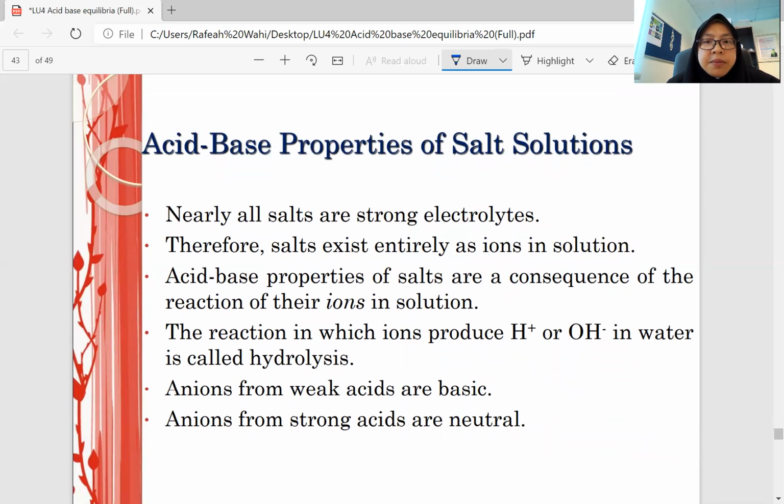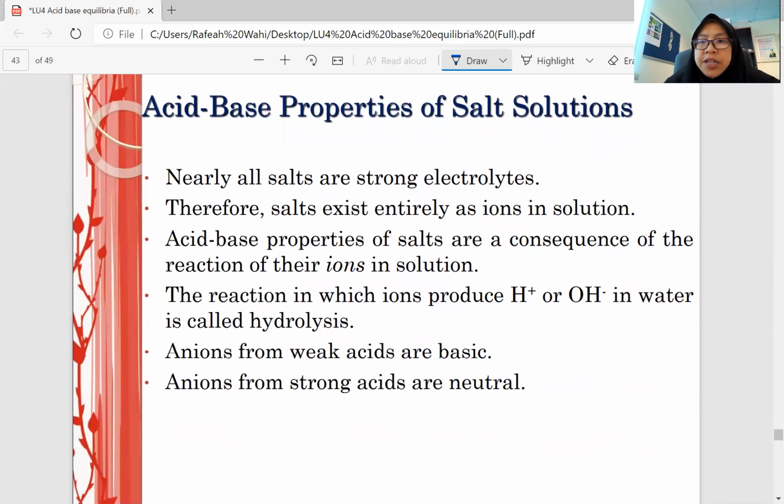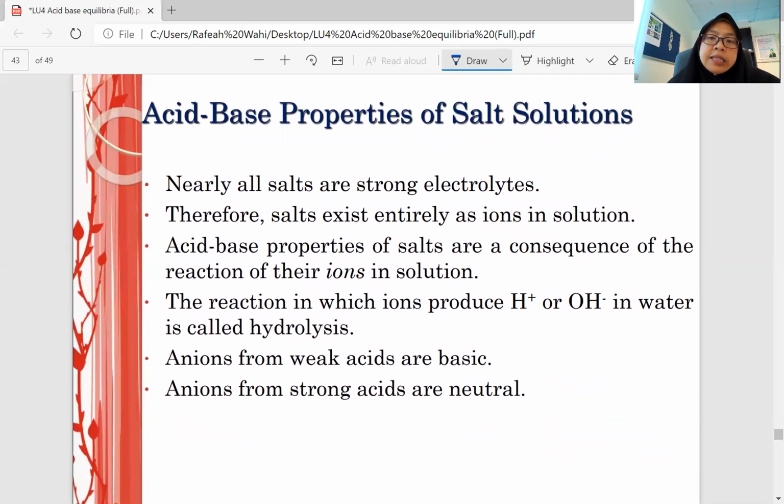Now we move to acid-base properties of salt solutions. Nearly all salts are strong electrolytes. If you look at what you have learned in the electrochemistry chapter in general chemistry, you know that all salts are strong electrolytes, and therefore salts exist entirely as ions in solution.